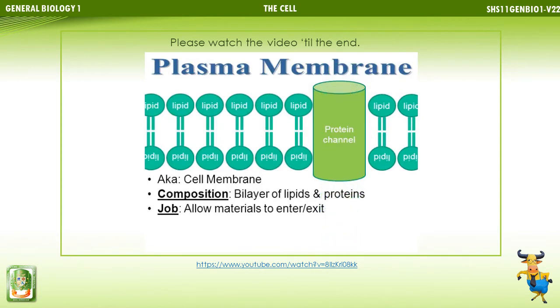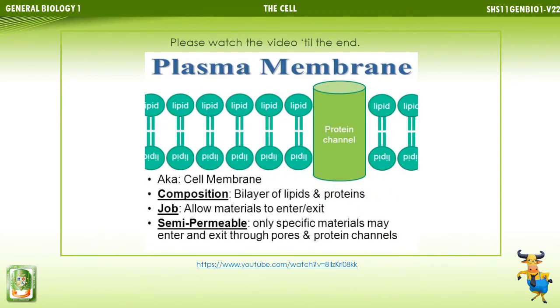And so that's really the job of the cell membrane. But the cell membrane is what we call semi-permeable or selectively permeable. And that means that it doesn't allow everything in and out. It only allows certain specific molecules and ions and charged particles to enter or exit through the plasma membrane.